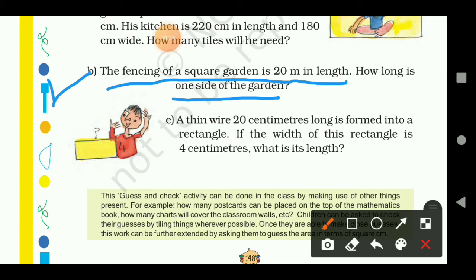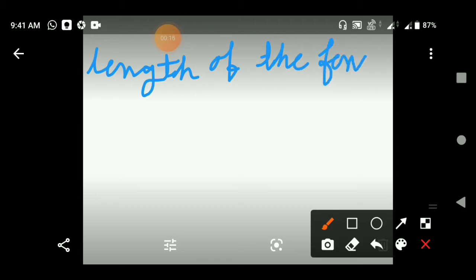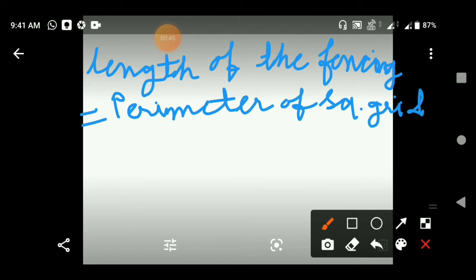So we can find out the side of the garden by using the formula of finding out perimeter. Let's solve this sum. Length of the fencing is equal to perimeter of square grid.